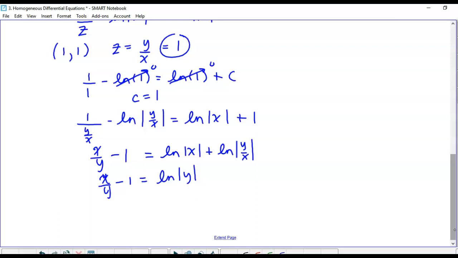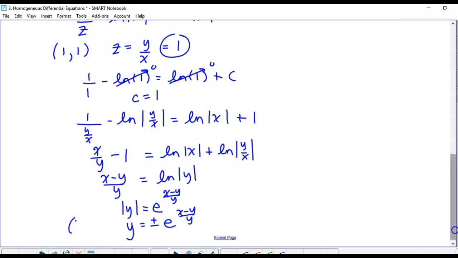Okay, so let's get a common denominator here. Actually, let's do that in this step. So that's going to be x minus y over y. So then the absolute value of y will equal e to the x minus y over y. So y will equal plus or minus e to the x minus y over y.